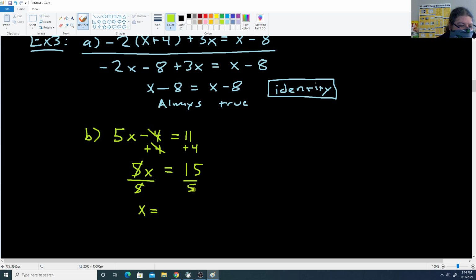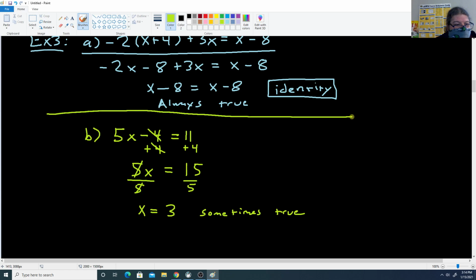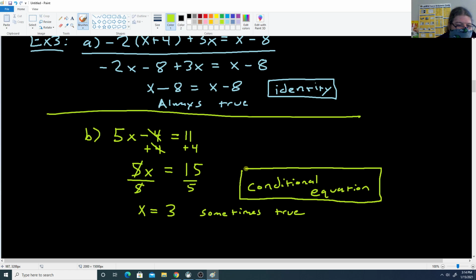We get x is 15 over 5, which is 3. So this is sometimes true. This is true whenever x is 3. It's false otherwise. So this is a conditional equation. It's an equation that's true some of the time, false others.